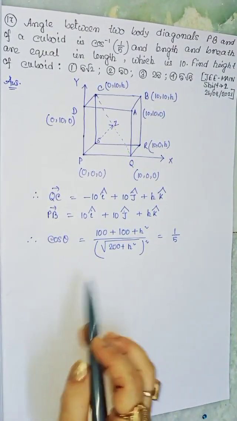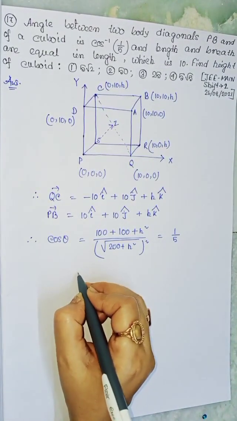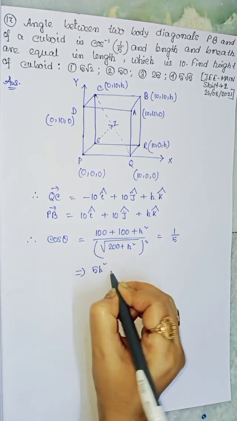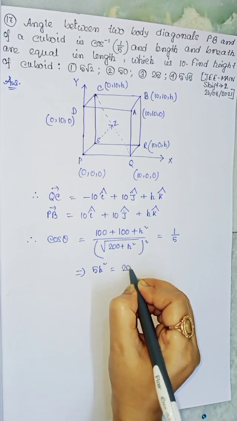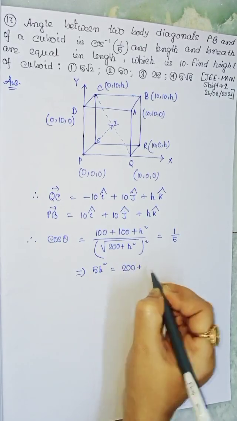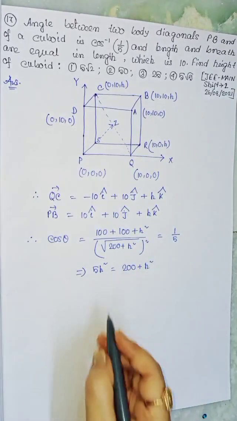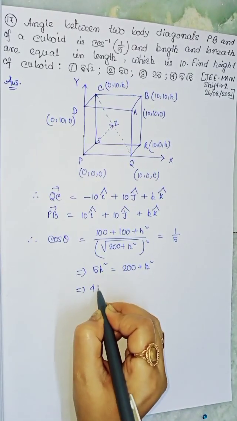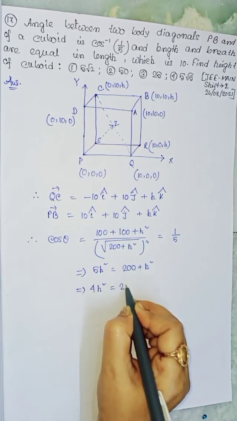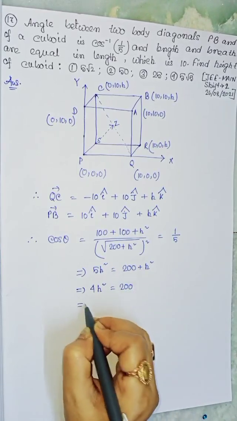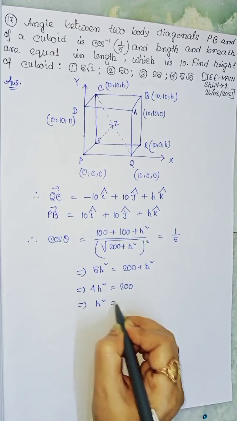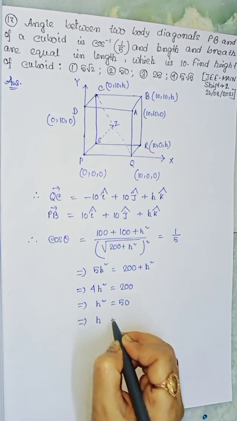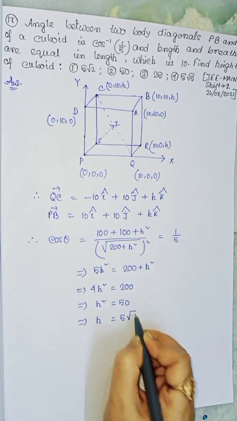Now squaring both sides and simplifying this one, we get 5H squared is equal to 200 plus H squared. So 4H squared is equal to 200. Now H squared is equal to 50 and H is equal to 5 root 2.